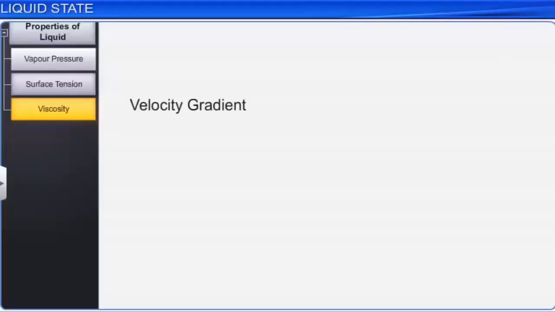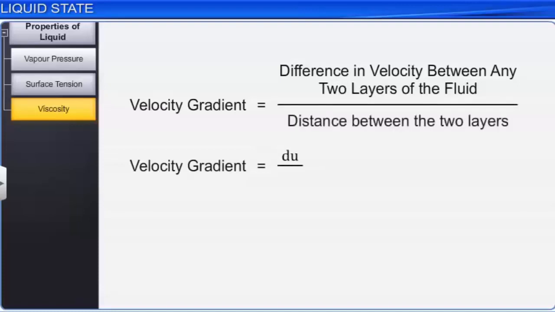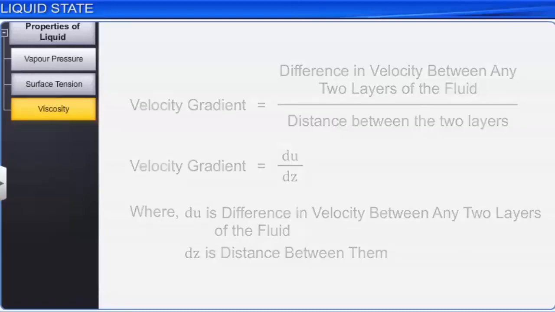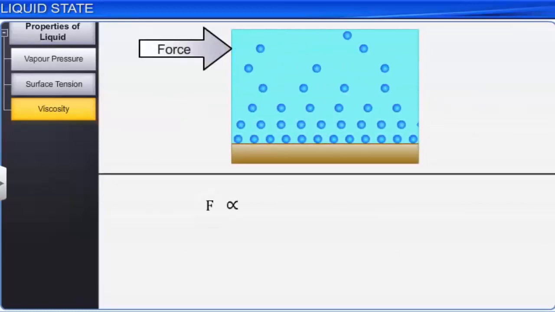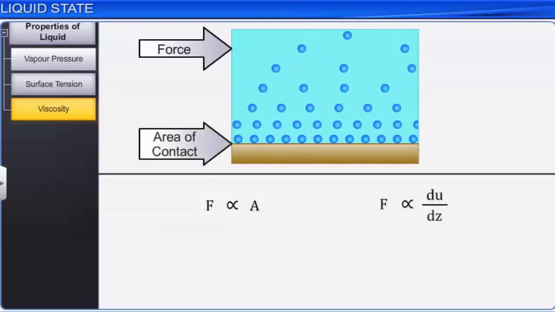The velocity gradient is calculated as the difference in velocity between any two layers of the fluid, represented by du, divided by the distance between them, represented by dz. A force maintains the flow of layers, which is directly proportional to the area of contact of the layers and the velocity gradient.